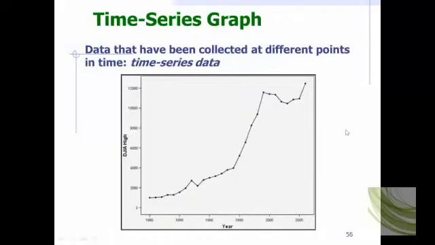And then we have a time series graph, which is kind of like a scatter plot, but on our x-axis is always time, and our y-axis is what we're looking at.